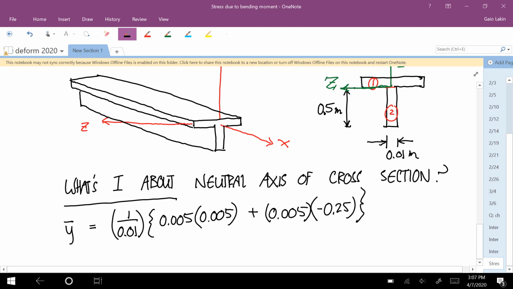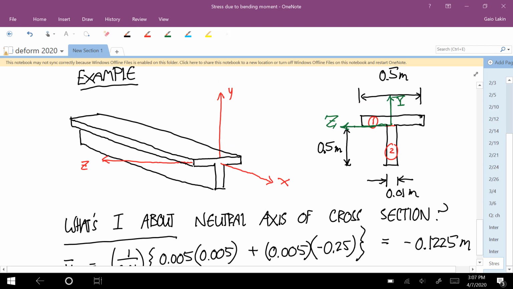Again, if you don't get any of this, pause it, do this calculation yourself and make sure that it's making sense. But when you go through all this, you get a centroid for the whole thing of negative 0.1225 meters.